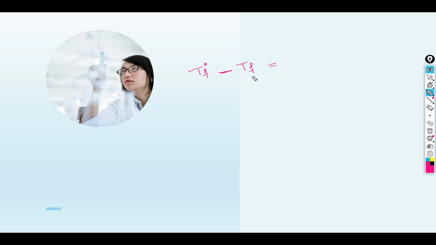By adding some solute, its freezing point has decreased. Now again, same way, this delta Tf is directly proportional to molality, and we can write this as Kf, the depression constant or cryoscopic constant. The unit for this will be Kelvin kg per mole. We can find Kf, the cryoscopic constant, similarly.